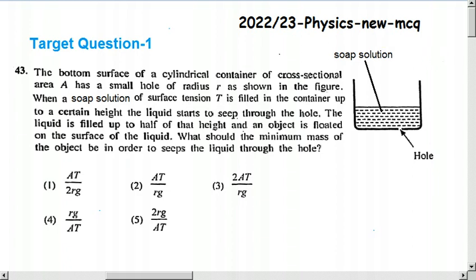Since you have paused the video, now I am going to start. Children, the answer is the same. This one, the second one, is the answer. Even though it is a soap solution, you don't have to multiply it by 4.